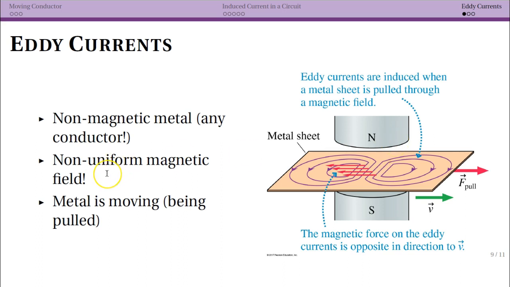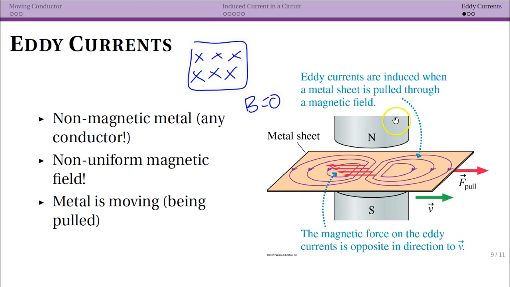The non-uniform magnetic field is really important. For the sake of simplicity, we're going to normally have a region of magnetic field, and then we'll say outside of that region, it's 0. So notice that in this case you have the pole of two magnets, and it goes out of north into south.